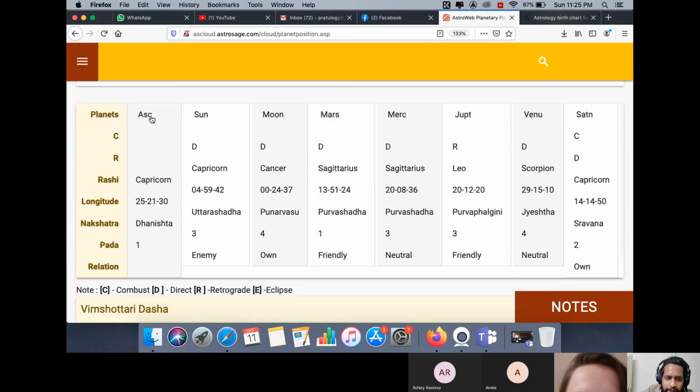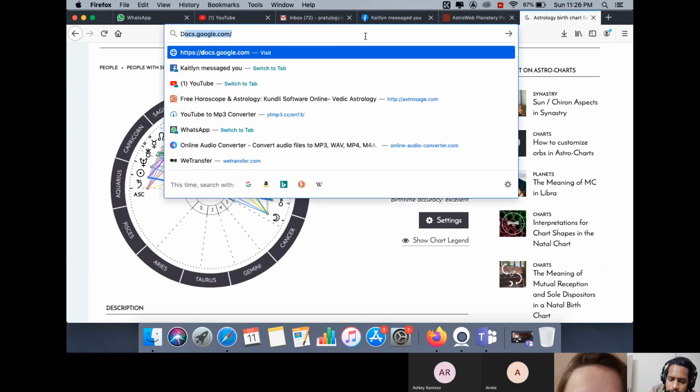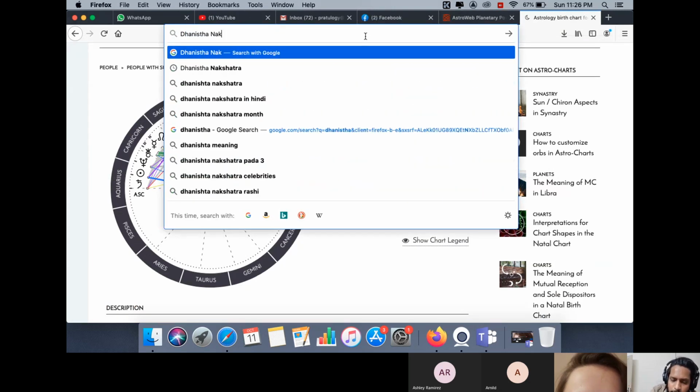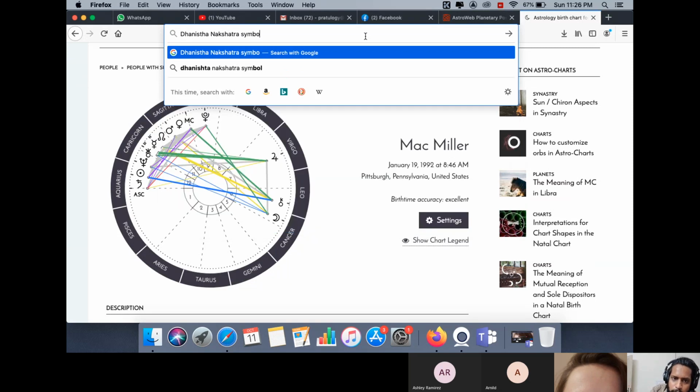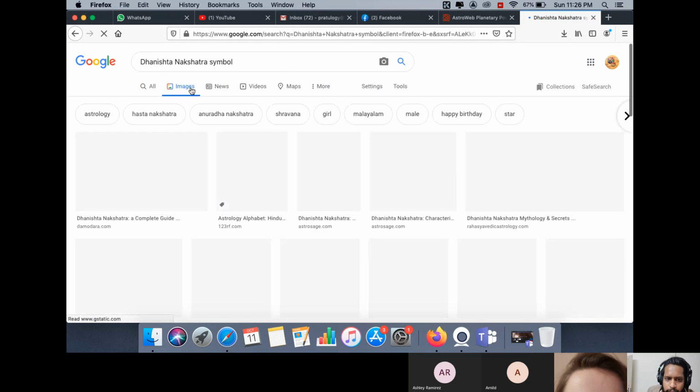So he has his ascendant in the Dhanishta nakshatra. If you see, Dhanishta is the most musical nakshatra in the whole set of nakshatras. If you even see the Dhanishta nakshatra symbol, you will see the musical instruments.